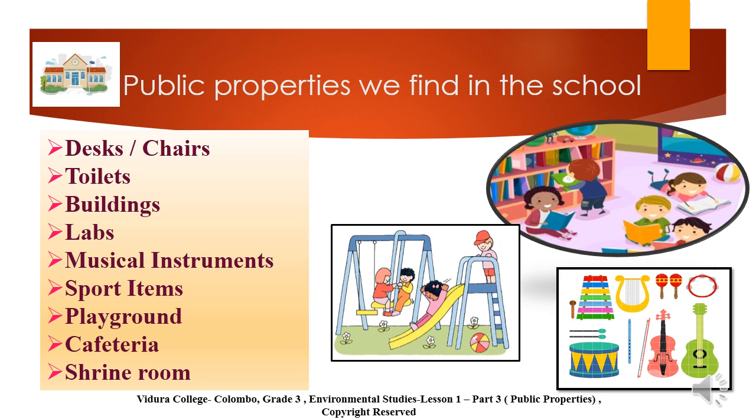Shall we learn what are the other public properties in the school? Yes, they are desks and chairs, toilets, buildings, labs, musical instruments, sport items, playground, cafeteria, and shrine room. So all these places and things you can use with your friends.